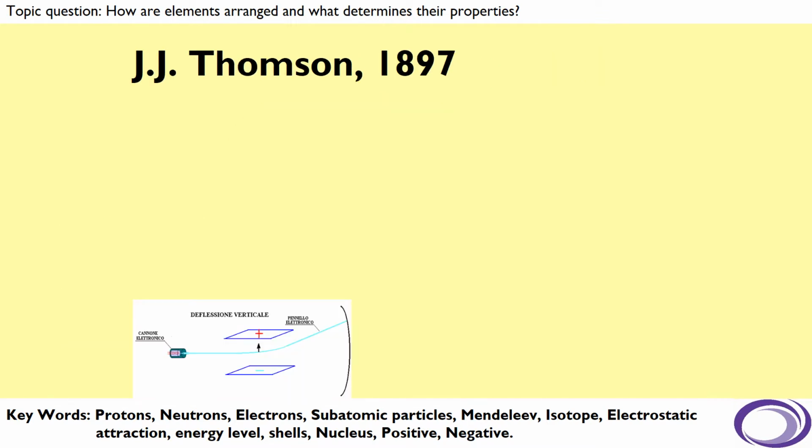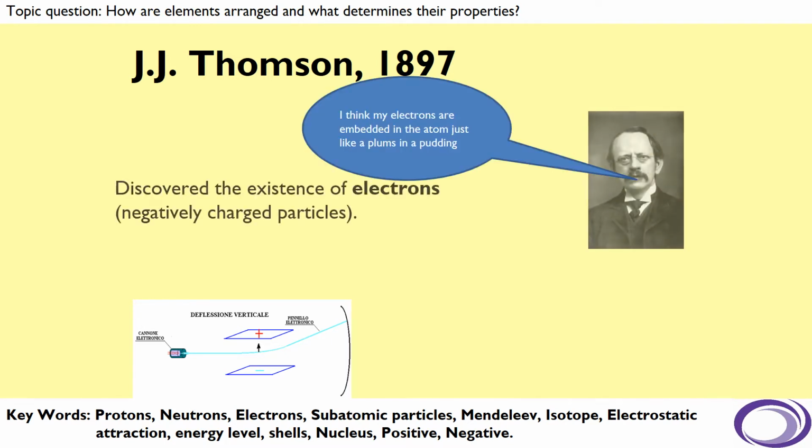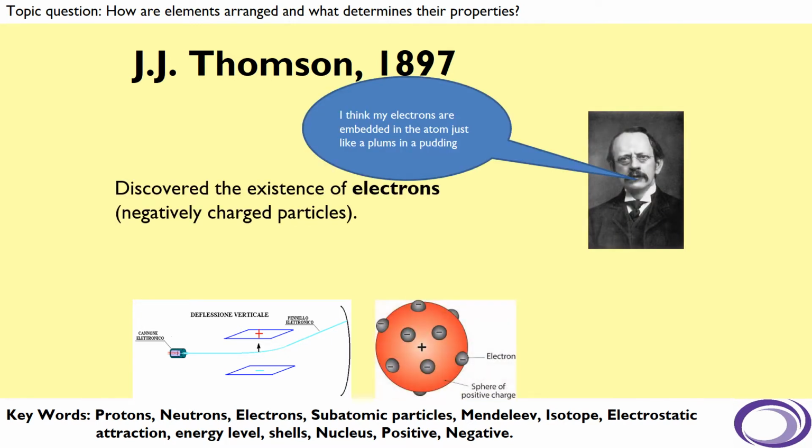J.J. Thomson in 1897 discovered electrons, and he thought if an atom is spherical, the electrons must be embedded in the atom, and because the electrons he found were negative, the rest of the atom must be positive. A little bit like this small diagram here, although I'll put an enlarged version at the end of this section.